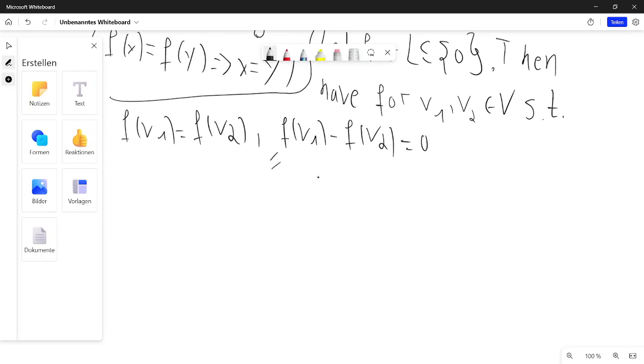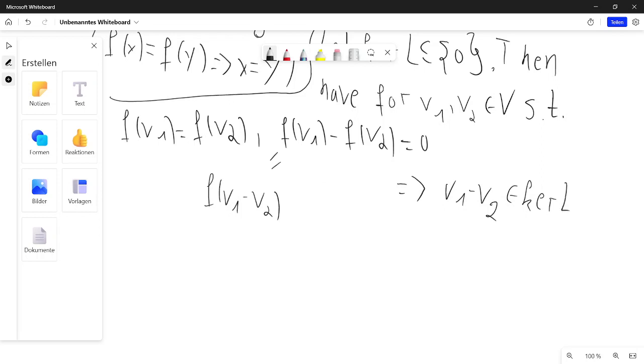And that's of course the same thing as L of v1 minus v2, and this implies, so we have that, and now that is equal to that, but that implies directly that v1 minus v2 is an element of the kernel.